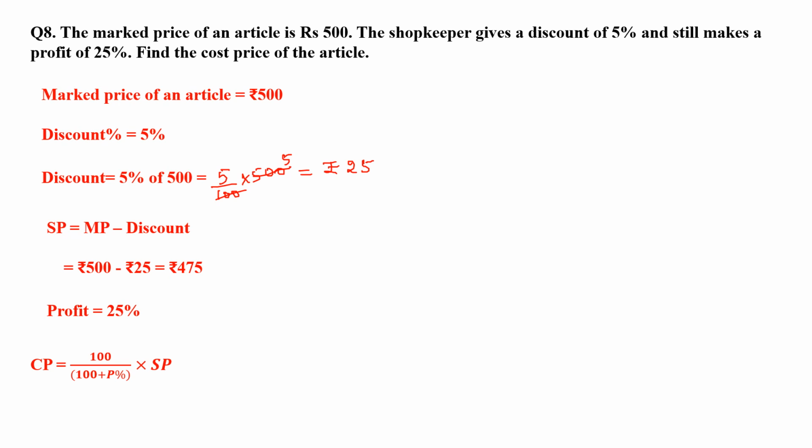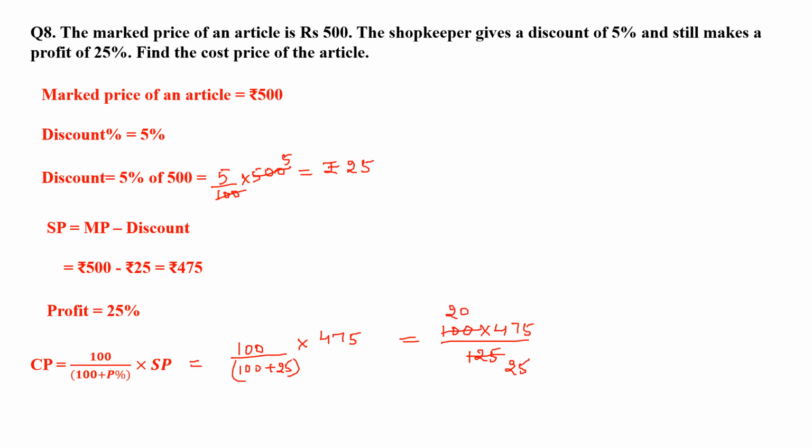So let's calculate it. So it will be 100 by 100 plus 25, and this multiplied by selling price, which is 475. So it will give you 100 into 475 divided by 100 plus 25 is 125. Now reduce it. 5 times 25, 5 times 20.